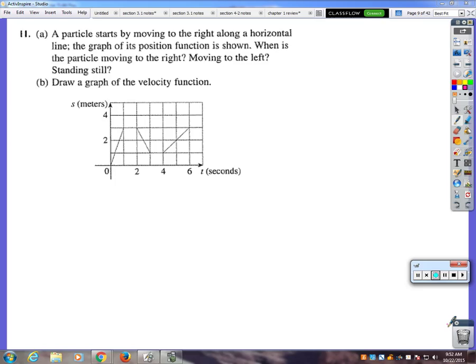The connection that we're supposed to be making here is, like I said, this is a physics problem. What is the definition of velocity? Speed is the absolute value. Velocity is what's the definition?